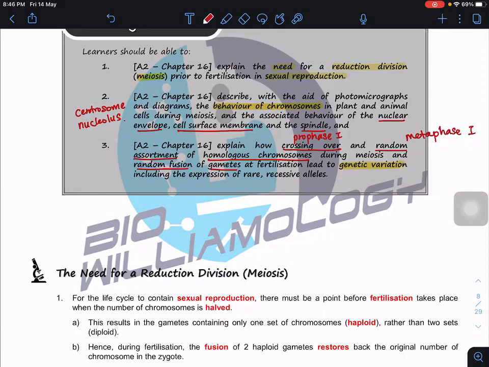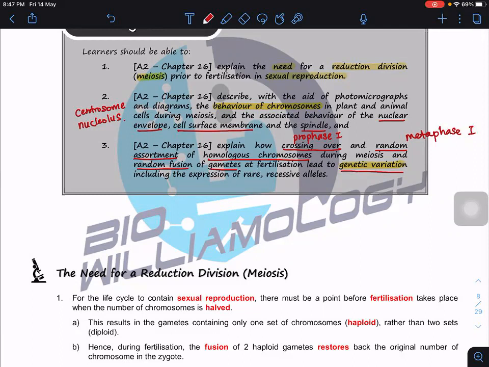Each month she releases a secondary oocyte, or ovum, and you cannot choose which ovum is released. Because only one sperm cell can fertilize one female gamete, this random fusion allows higher genetic variation to take place.